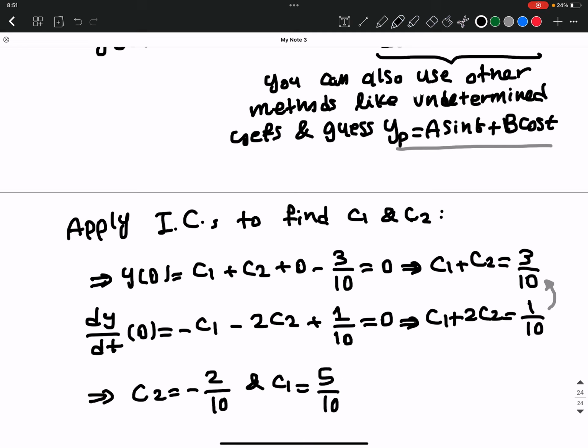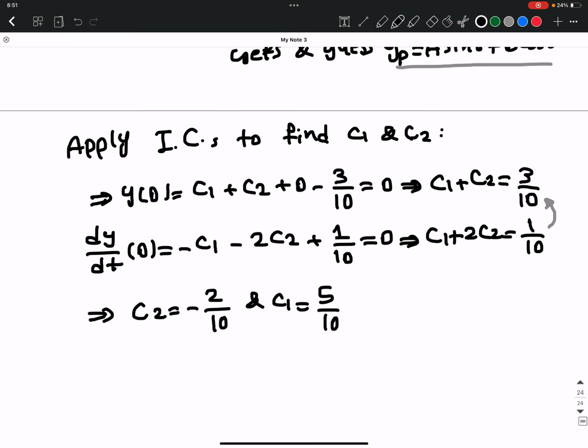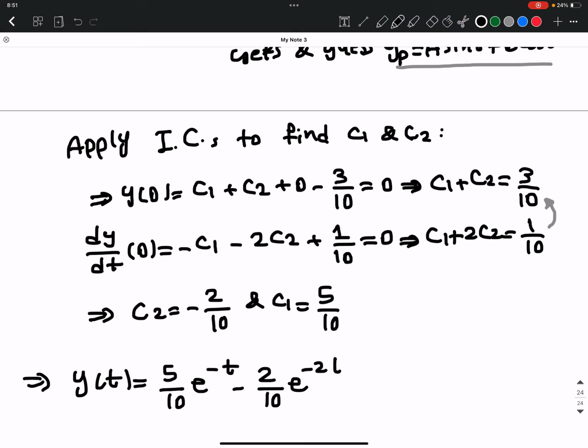So my analytical solution is y(t) equals 5/10 e to the minus t minus 2/10 e to the minus 2t plus 1/10 sine t minus 3/10 cosine t.